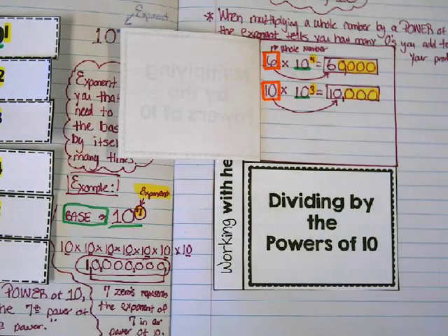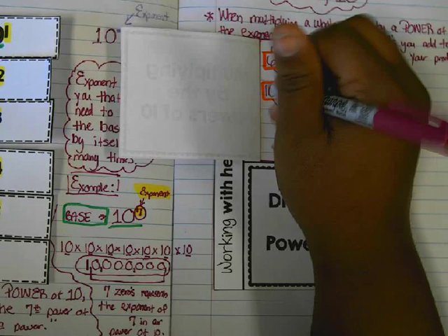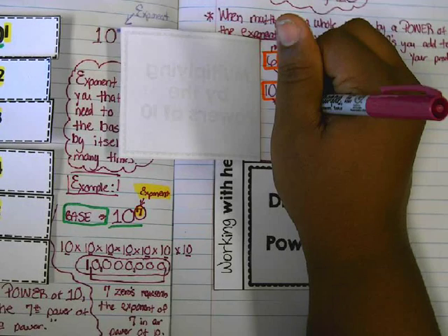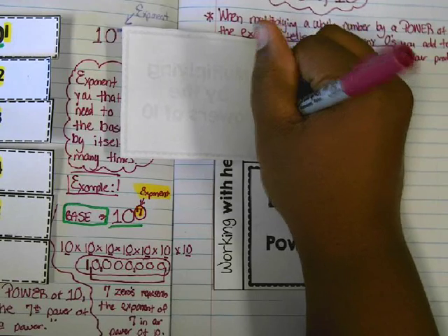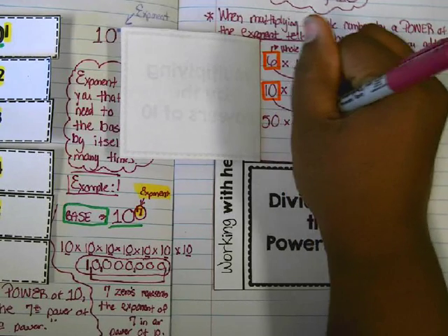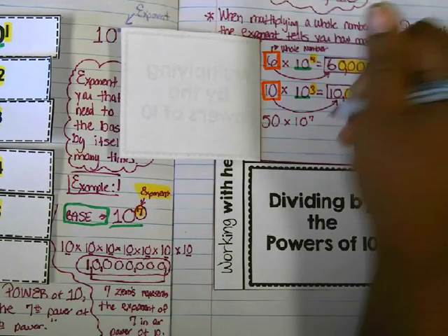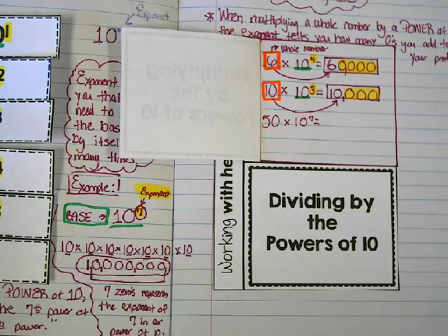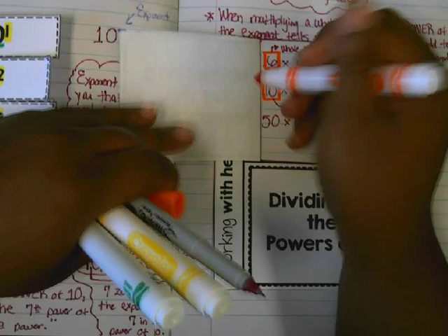One more example. Let's say I have 50 times 10 to the 7th power. So what are we going to do? First, identify what our whole number is, which is 50.